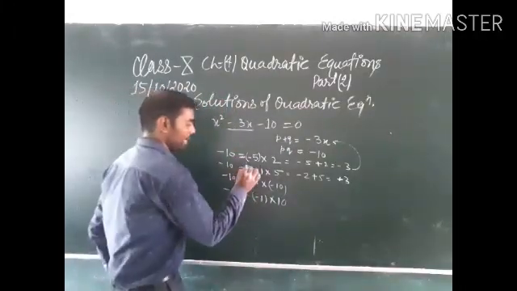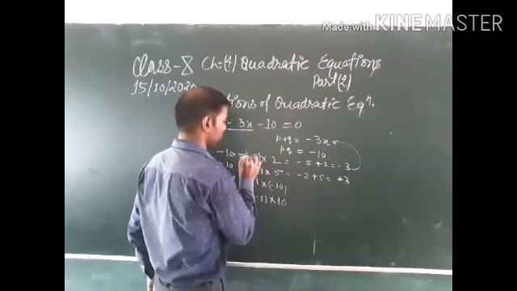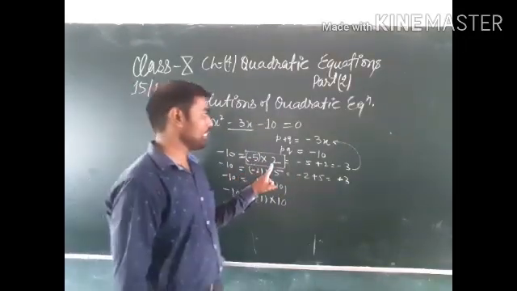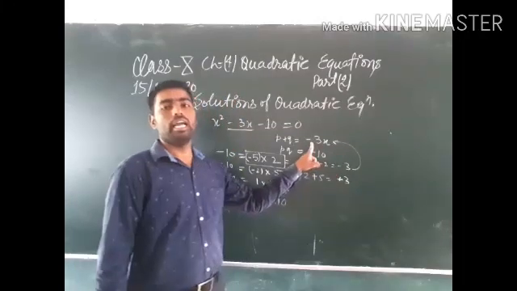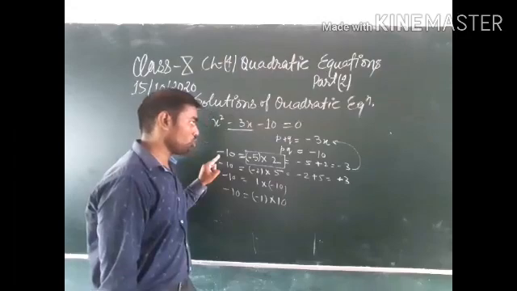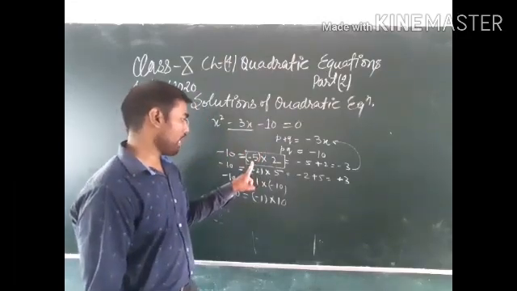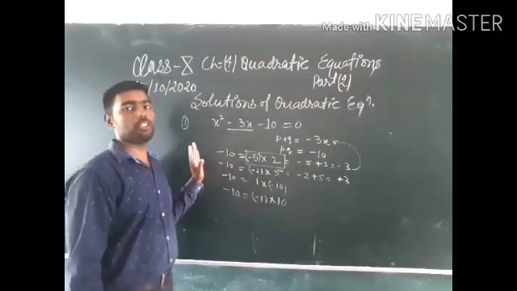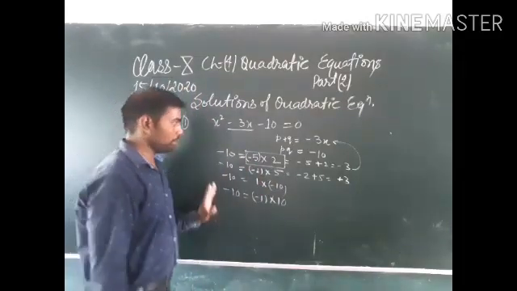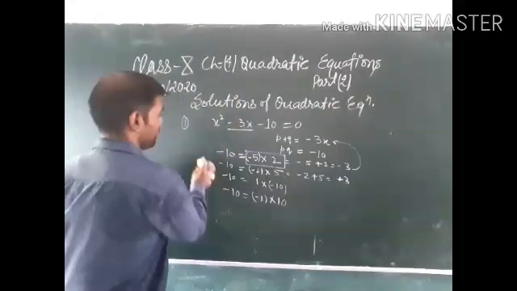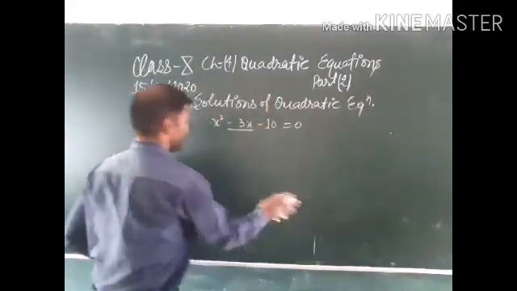So we take minus 5 plus 2, which is minus 3, and minus 5 into 2 gives minus 10. So p is equal to minus 5 and q is equal to 2. This is the method of splitting the middle term.